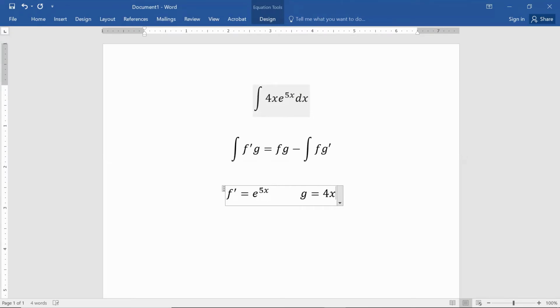In other words, if I have this situation where I have polynomial times e to a power, the polynomial is always going to be the g part, and the e to the power is always going to be the f prime part. We'll see that reason in just a moment.